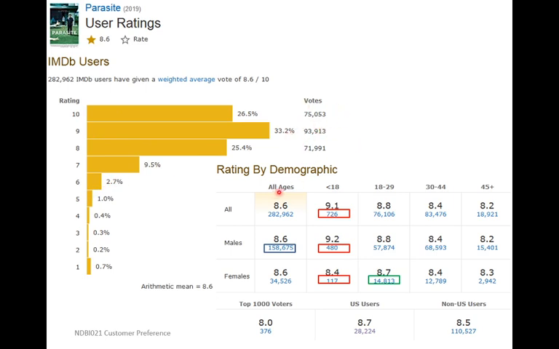Then we also see a demographic study about the age and whether males or females. Well, okay. What you can see, of course, is that there are problems in this data, because some of these females below 18 and males below 18 do not sum up to the total number of below 18. So it's strange, maybe there are some people without specifying sex, but you see that there are much fewer females watching this movie.